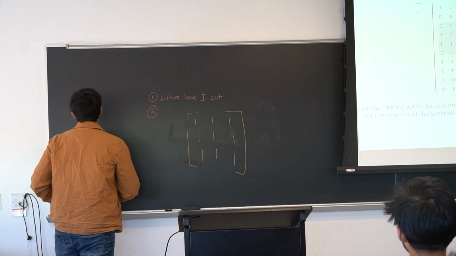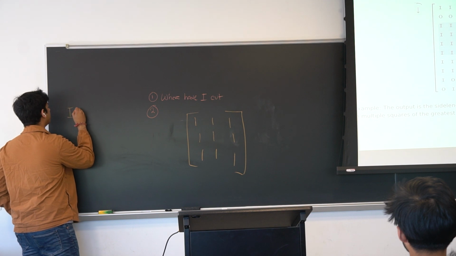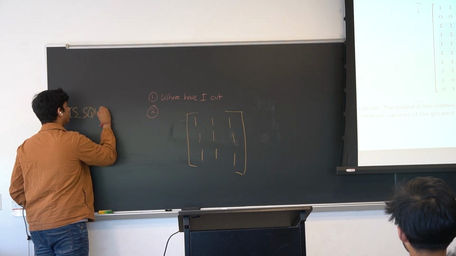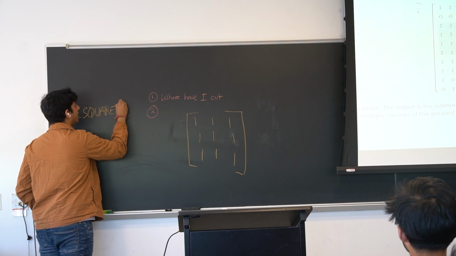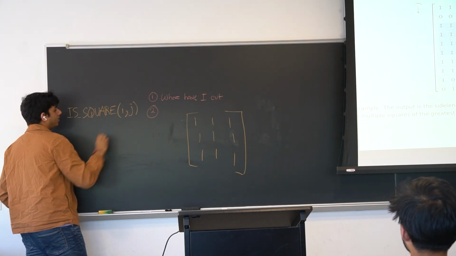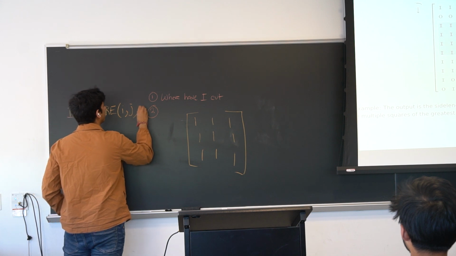So let's say I have this function is square of ijk, just for simplicity.